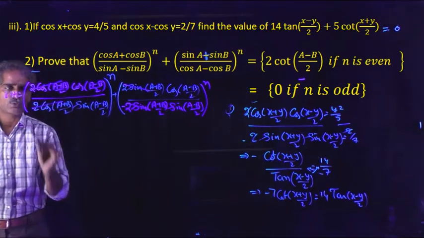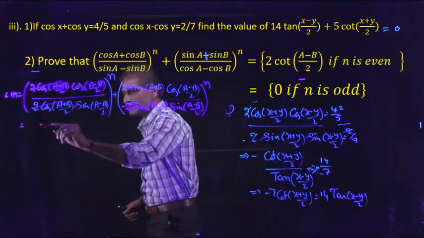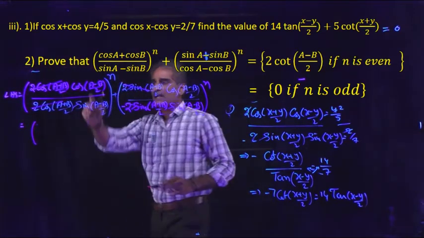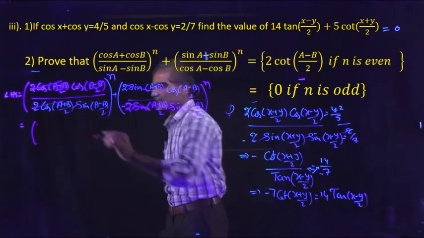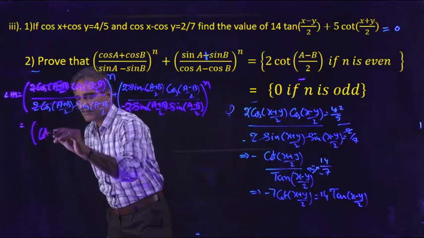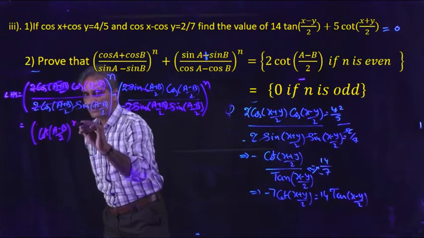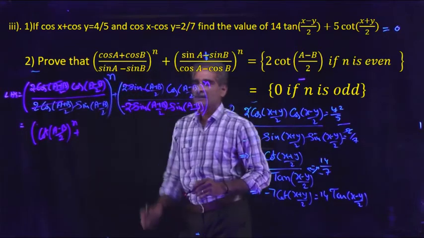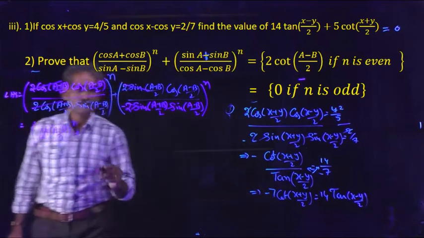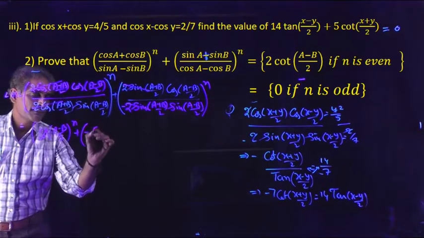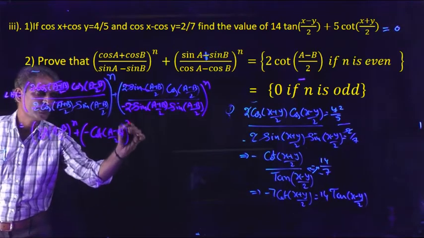So this is equal to, observe that this is nothing but cos by sin, that means cot((A−B)/2), whole power n, plus the other term, cos by sin with a minus sign, that is minus cot((A−B)/2), whole power n.